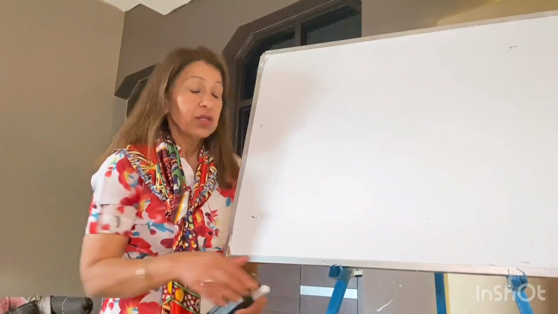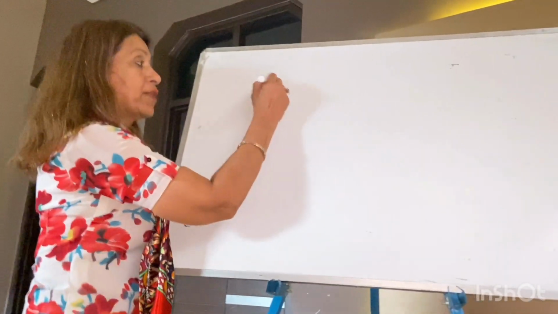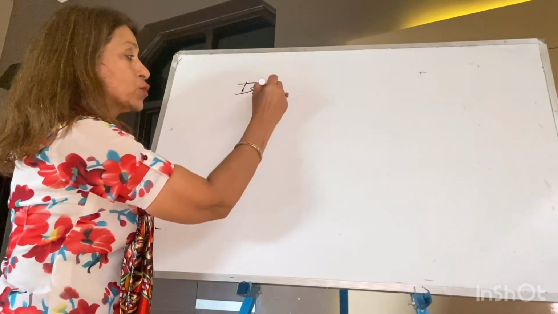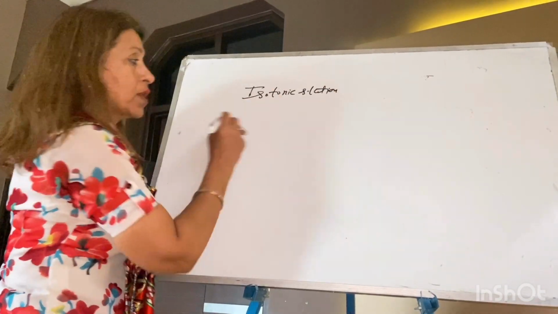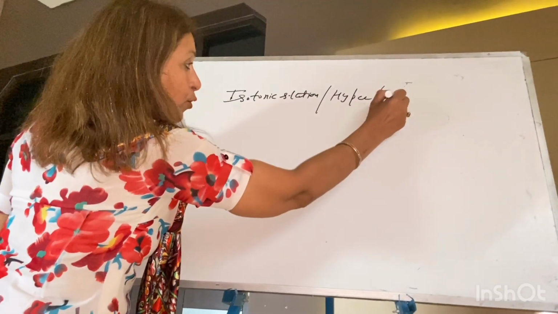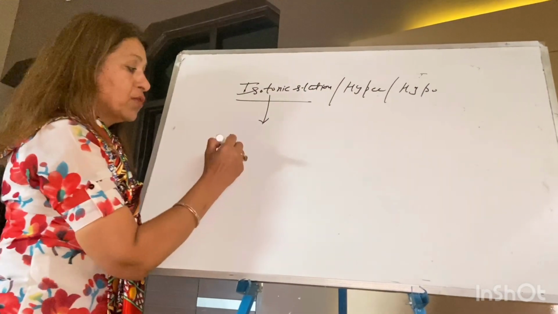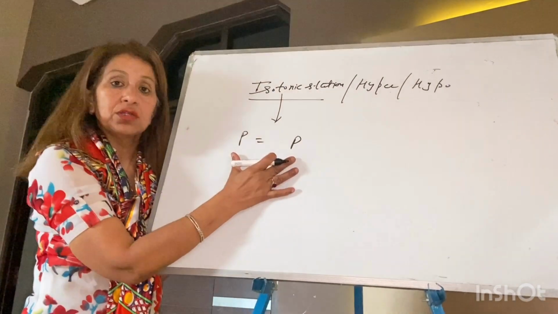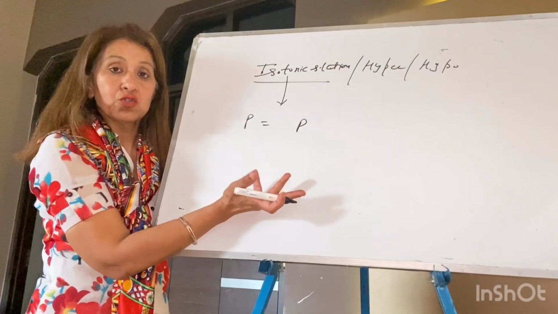Now I am taking the next subtopic. What are isotonic, hypertonic and hypotonic solutions? Write down. Isotonic solutions are those which have the same osmotic pressure. If two solutions have the same osmotic pressure, they are isotonic.